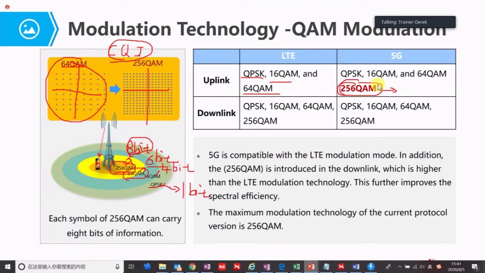If the quality is weak, use this one. So you can see it's dynamic. Maybe in the future, 1024 QAM can be supported. This is the QAM technology.